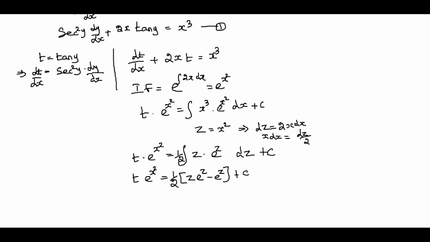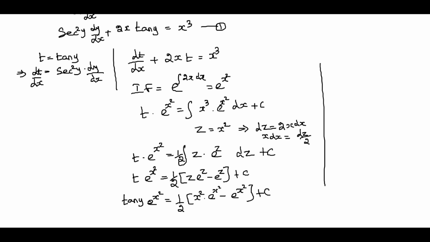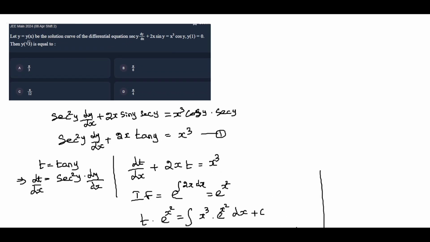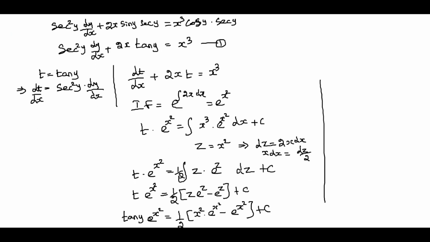Now replace t as tan y. So tan y into e power x square is equal to 1 by 2 into, what is z? z will be x square, so x square e power x square minus e power x square, plus c. Now we have an initial condition: y of 1 equal to 0, which means x equal to 1 and y equal to 0.